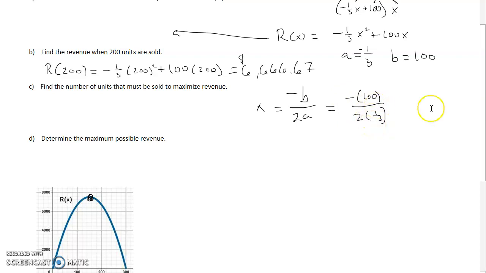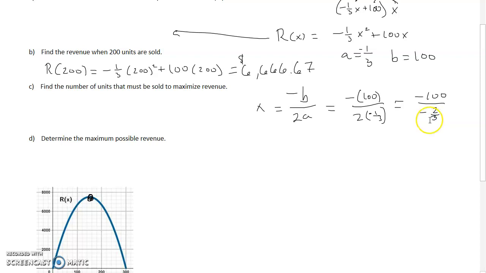Again, I'm going to use a calculator to help me figure this out. So I'll simplify it a little bit first. Oh, I got to fix something real quick. I'm sorry, a is -1/3, right? So this should be -100 over 2 times -1/3. -100 is just -100. 2 times -1/3 is -2/3.